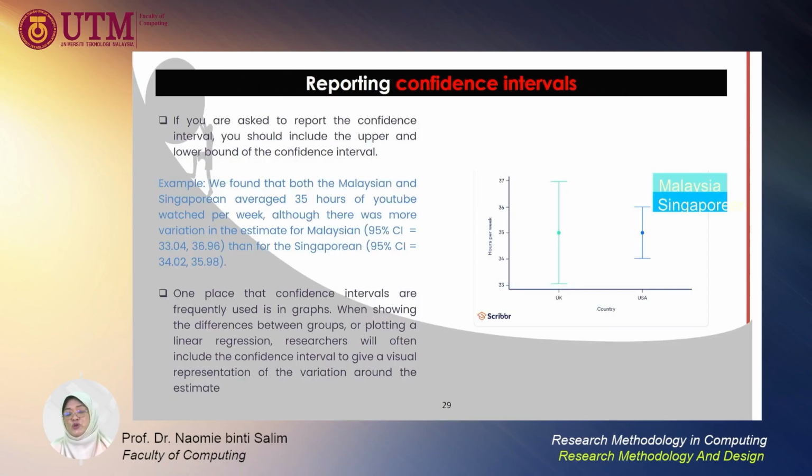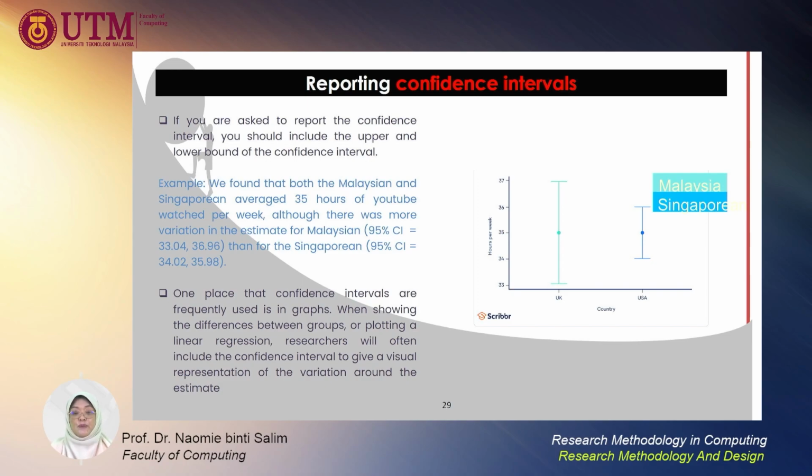When you want to report the confidence interval, you should include the upper and lower bounds of your confidence interval. For example, we found that both the Malaysians and Singaporeans average 35 hours of YouTube watching per week, although there is more variation in the estimate for Malaysians as compared to Singaporeans.